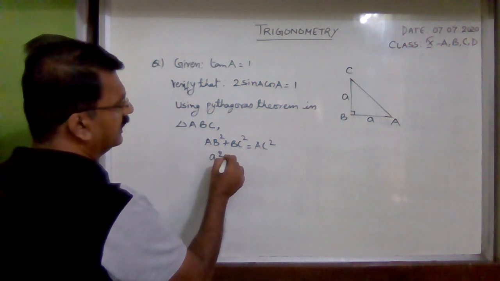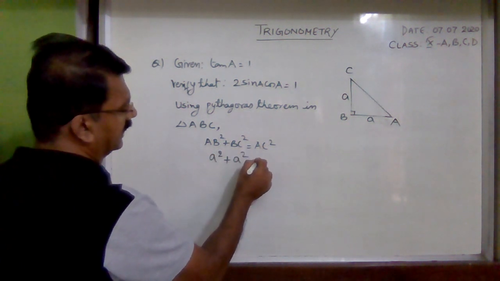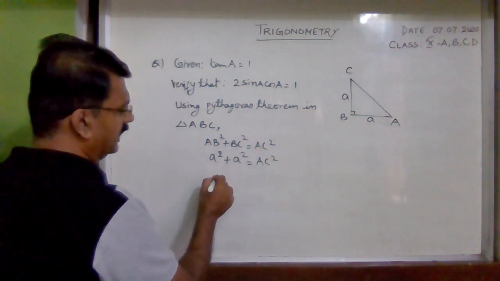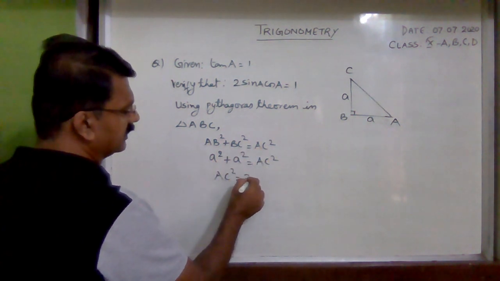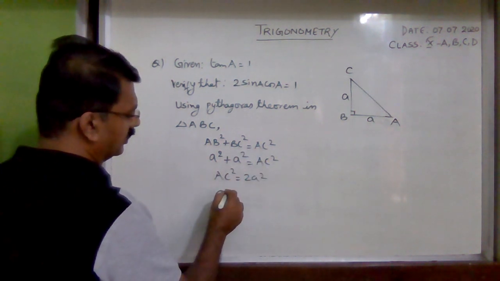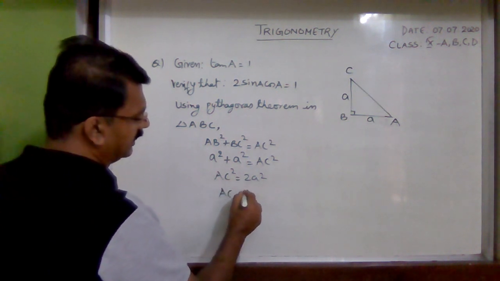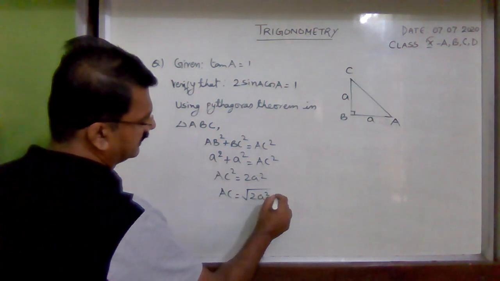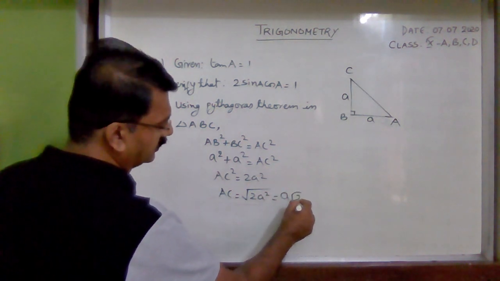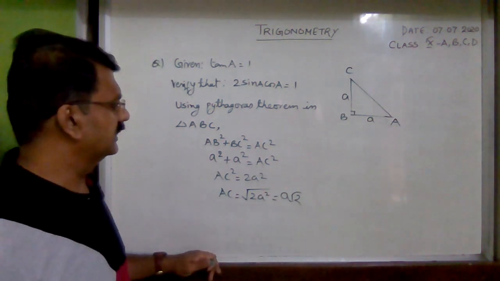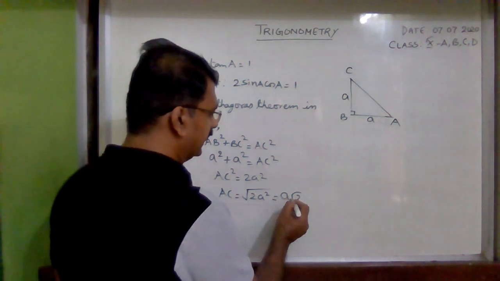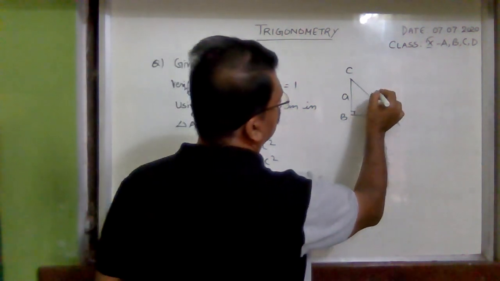Small a square plus small a square is equal to AC square. AC square is equal to 2a square. So AC will be equal to under root 2a square, which is nothing but a root 2. So we have found that the length of AC is a root 2.